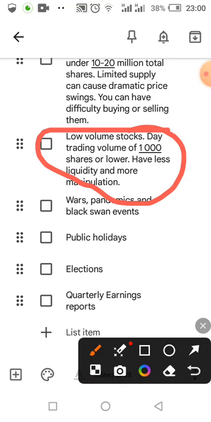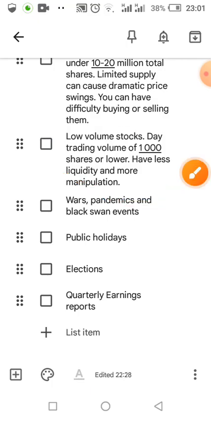Liquidity means the ease of you being able to open your trade or close your trade, how easy it is to buy or sell your stocks. So if the stock has an average day trading volume of less than 1,000 shares, also do not trade those stocks. And you can always research that on the internet for the average day trading volume of any stock. It's public knowledge which you can always find.